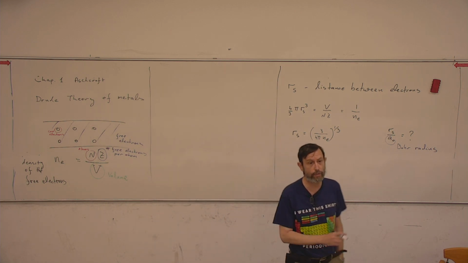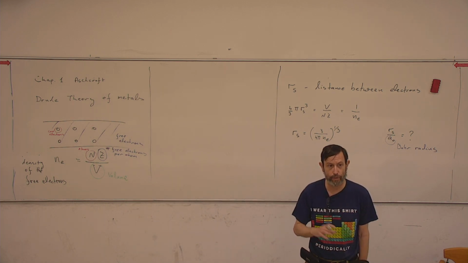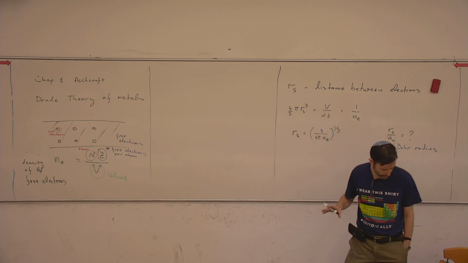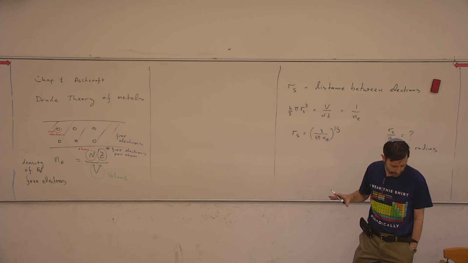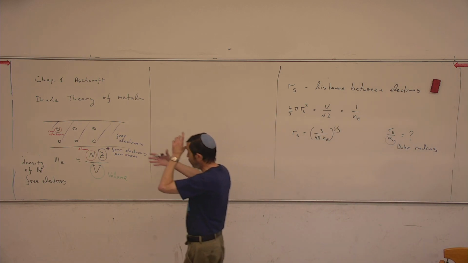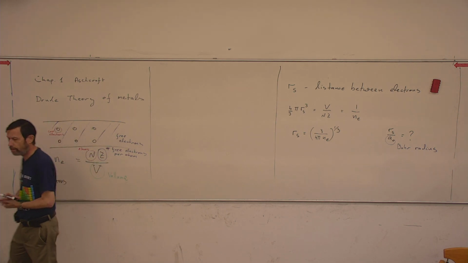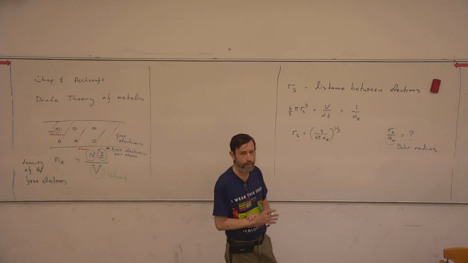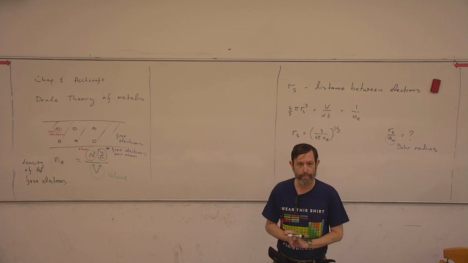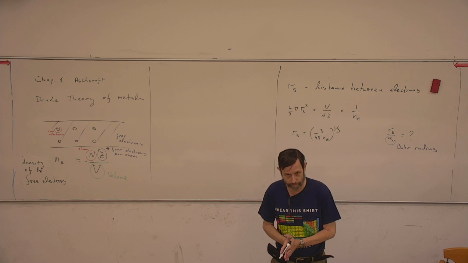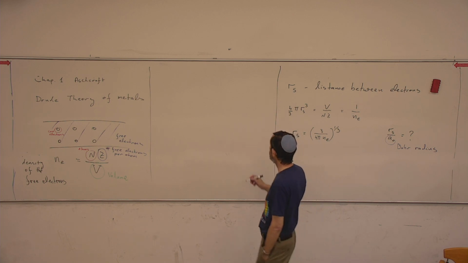In this case, Drude didn't care if the collision is with other electrons or with the ions or with anything else. Doesn't matter for it. What does matter is what happens between collisions and what happens in a collision. Okay, so assumptions.